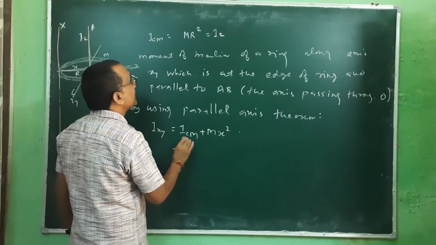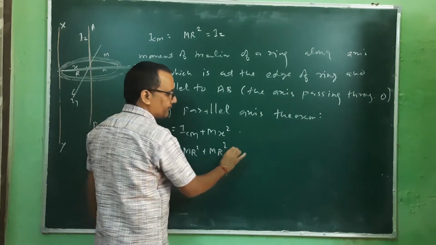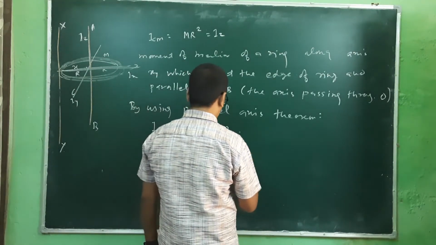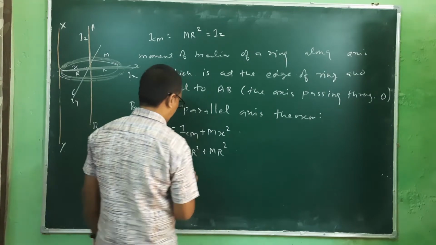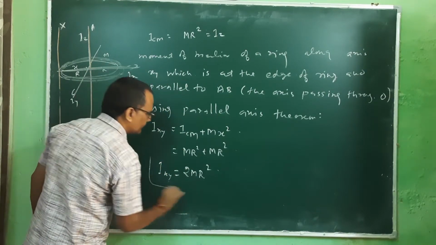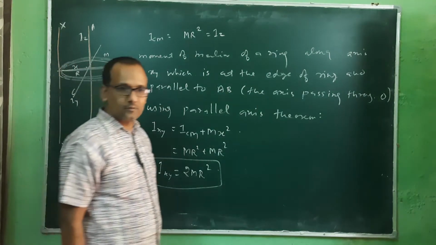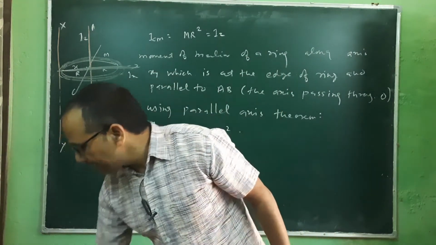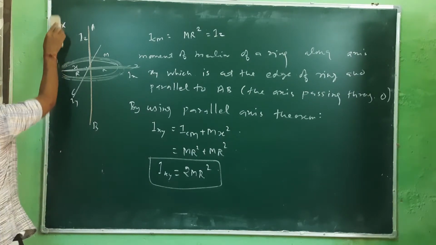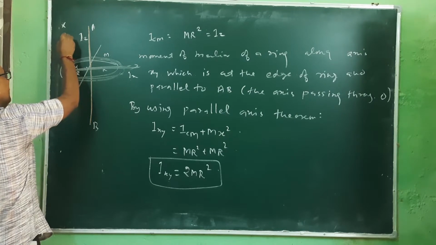So this is equivalent to ICM, which is mr square, plus mr square. Then this is equal to 2 mr square. Okay? Let us change the position of this axis. Now this is tangential.